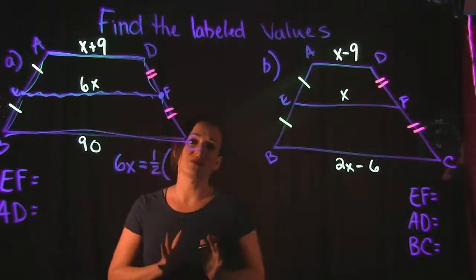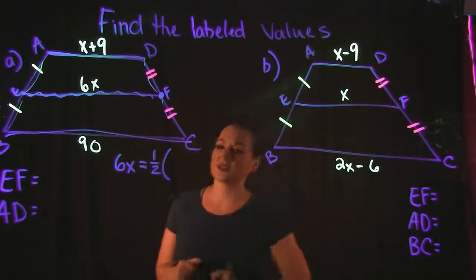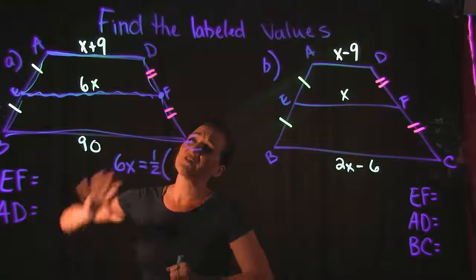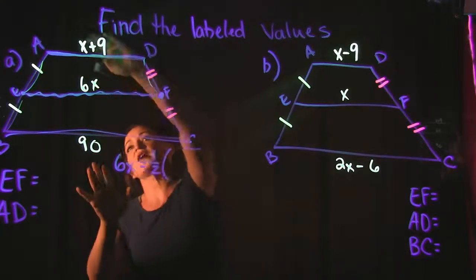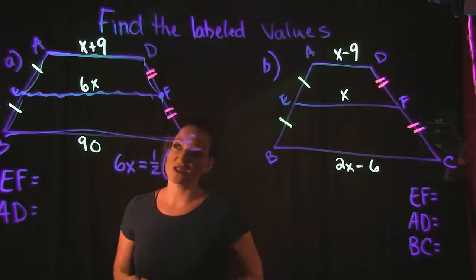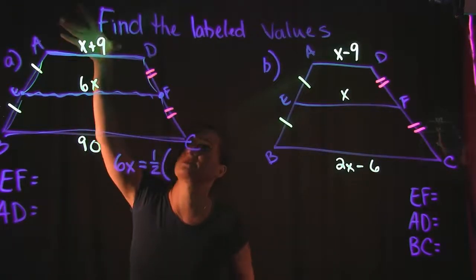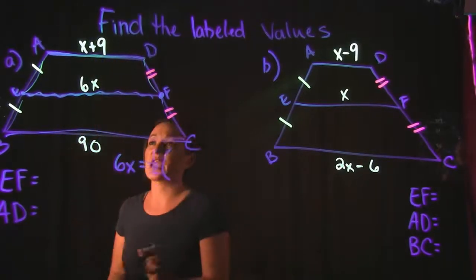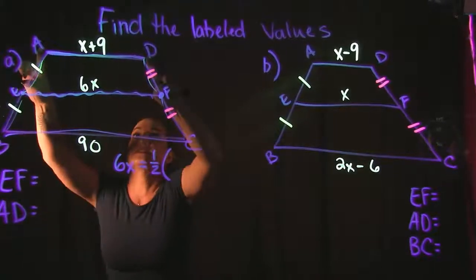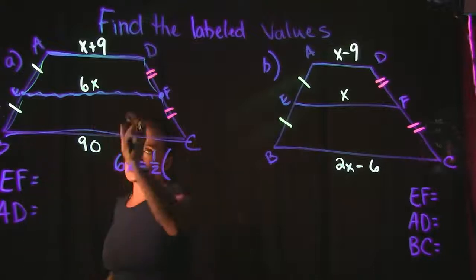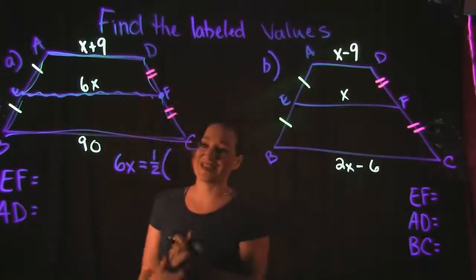So we're going to need to multiply that by the two bases. But it's half of both of those bases, so we need to combine the two bases together, because it's half of the x plus 9 and the 90 together. If I were to draw out these lines side by side, this plus this, the 6x is half of both of those together.